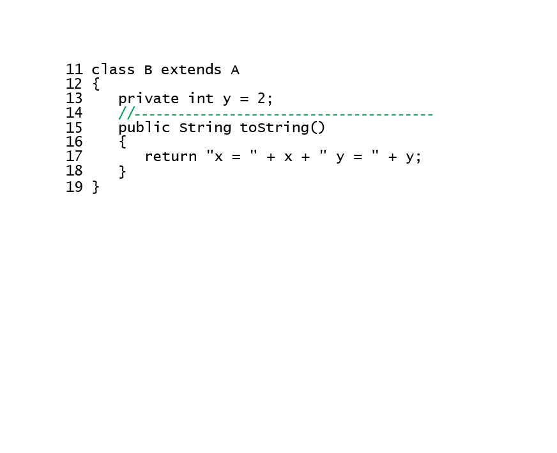So this return statement is going to return a long string that consists of X equals, then the value of X converted to a string, and then Y equals concatenated to the value of Y converted to a string. And notice in class B, I am accessing X from class A, which is another class, and I can do that because it's protected.